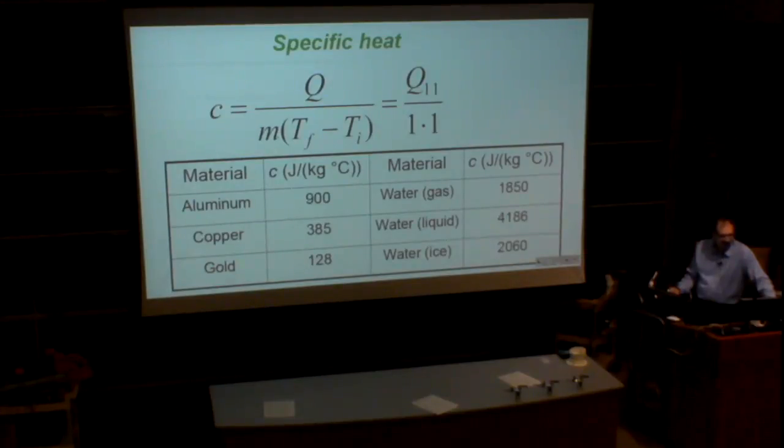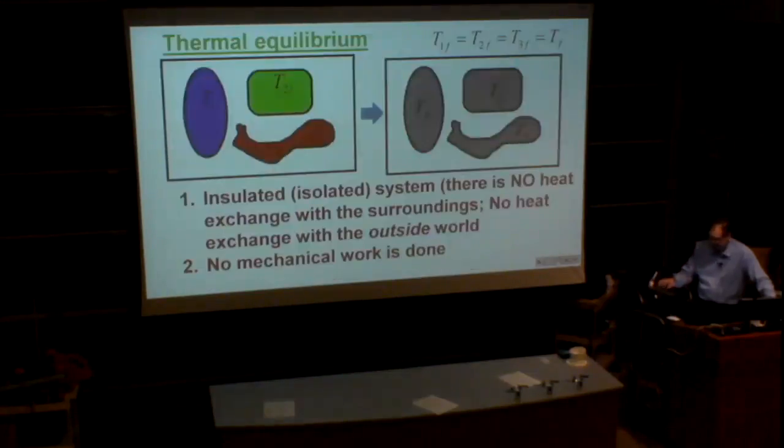You can see, for example, the difference between specific heat of gold and specific heat of water. Specific heat of water is huge. So if we want to change the temperature of water by 1 degree, we have to use a huge amount of energy, which is good, actually, for us. Otherwise, we wouldn't survive on this planet.